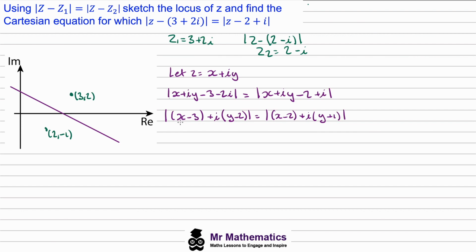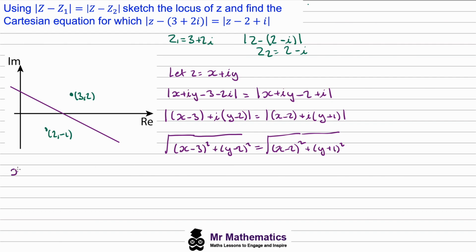Okay? We can find the magnitude of both of these by Pythagorizing them. Then we'll find the magnitude as the square root of x minus 3 squared plus y minus 2 squared. This will be equal to the square root of x minus 2 squared plus y plus 1 squared. So now we can square both sides and expand out the brackets.